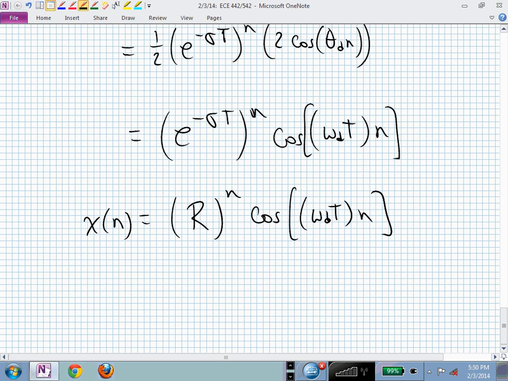Here's the damping, the r, for a negative or a positive sigma. E to the minus sigma T is going to give us some number that's less than 1. And this cosine of theta sub d n tells us basically how many times we're going to sample or see that waveform in each cycle of this oscillating waveform.